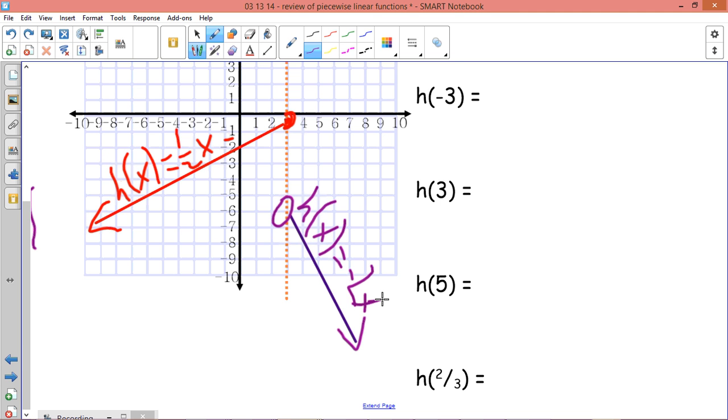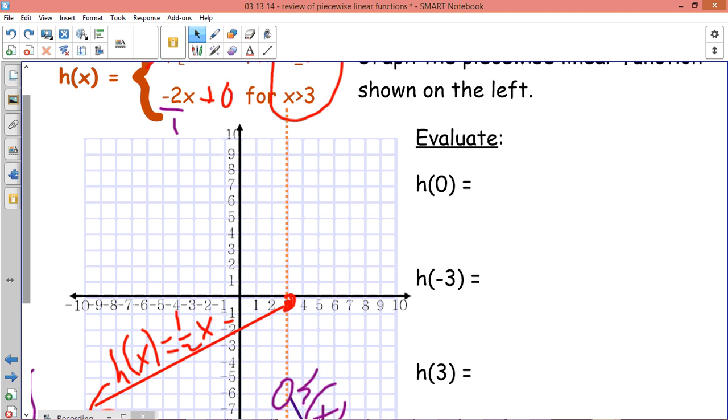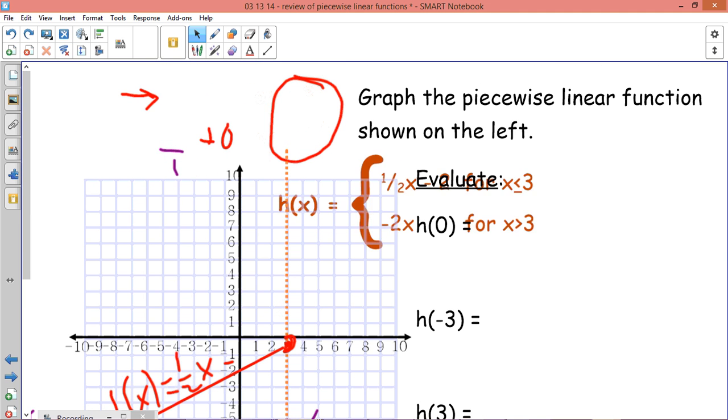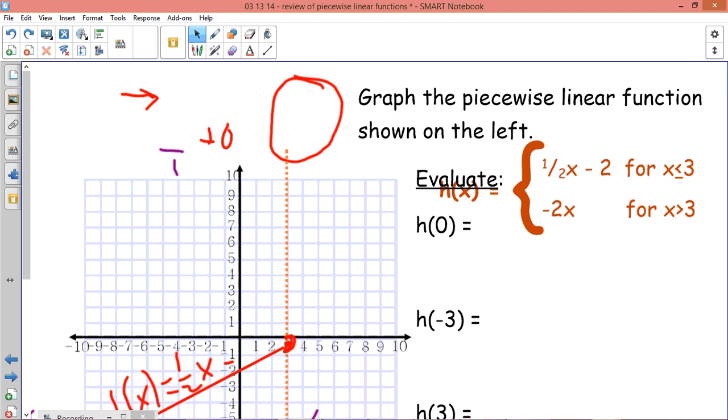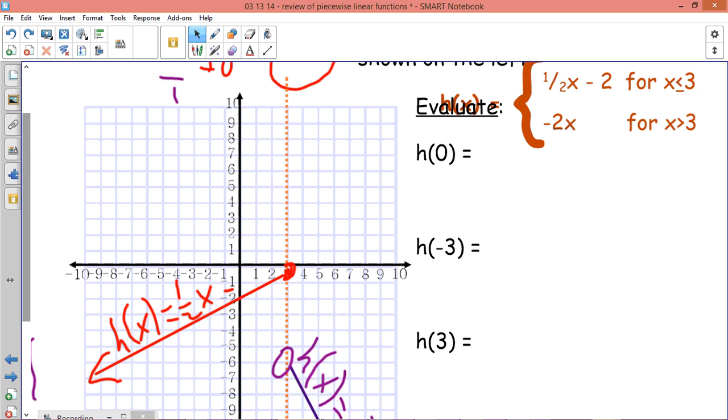Then what I'm going to do is evaluate these functions here, h of 0, h of negative 3, h of 3, etc. And the way I do that is I'm going to grab all of this. And I need to figure out, for each of these evaluations, which one do I use?